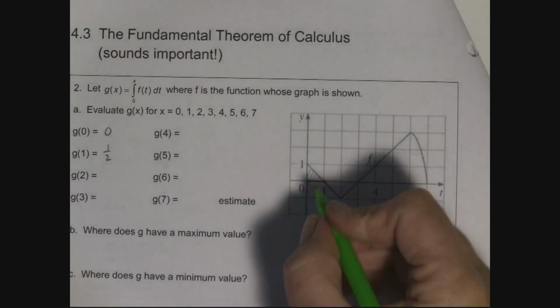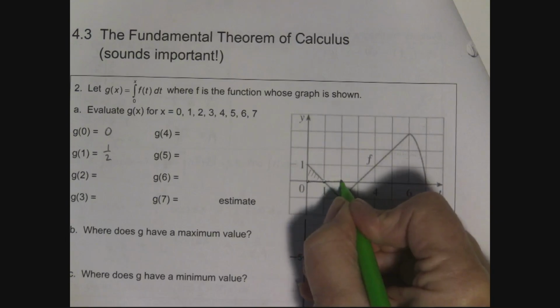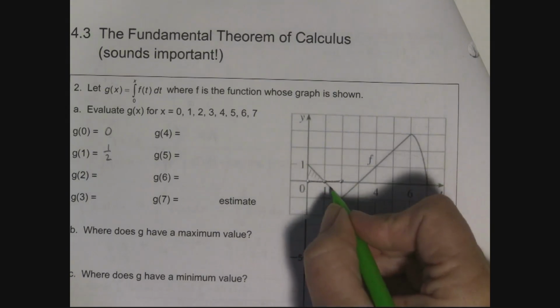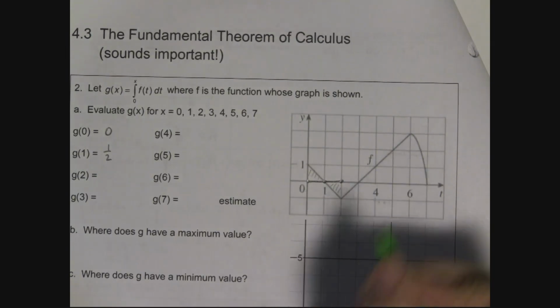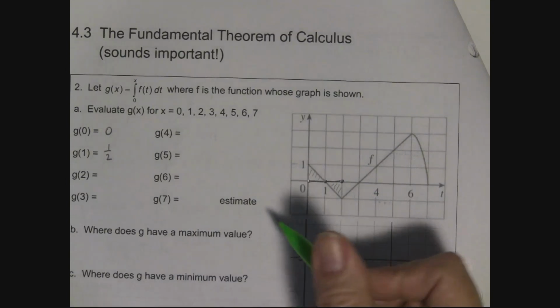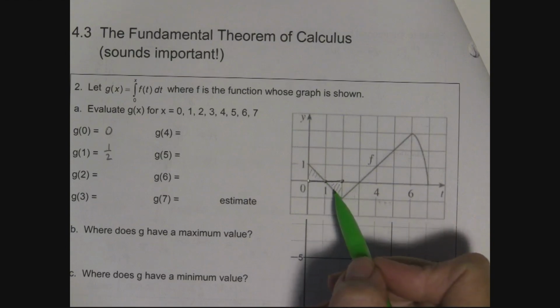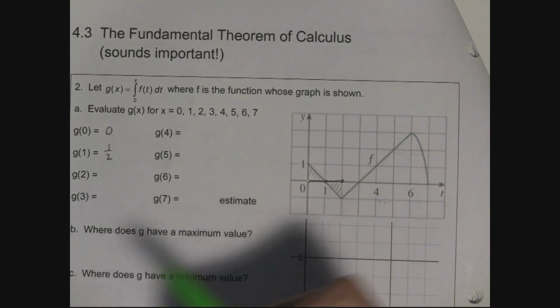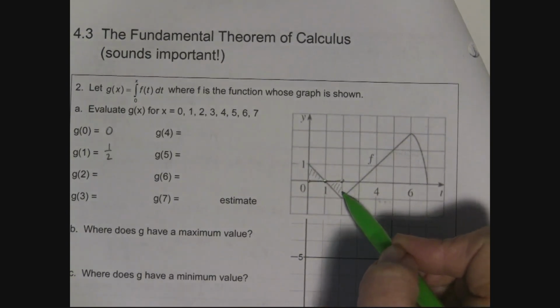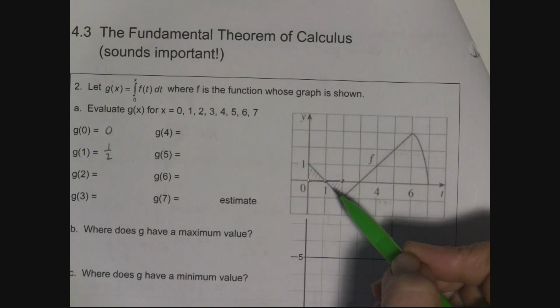So from 0 to 2, here's 2. And I hope that you're noticing, just like I'm noticing, that if I shade the area trapped between the x-axis and the curve, I have the same amount above the x-axis as I have below. So this would be counted as positive, and this would be counted as negative. And when you put them together, you get 0, since it's exactly the same amount.